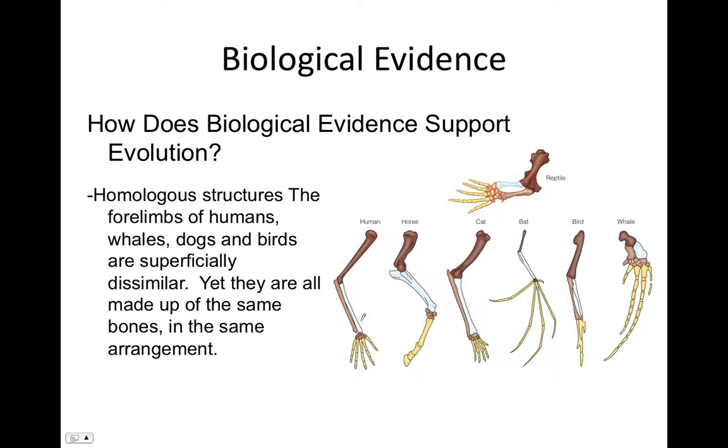But you can see that the forelimb is designed slightly differently in each of these organisms to suit their environment. So evolution has shaped them for their particular environments, but that same basic structure is there because it was inherited from their ancestors, the reptiles.